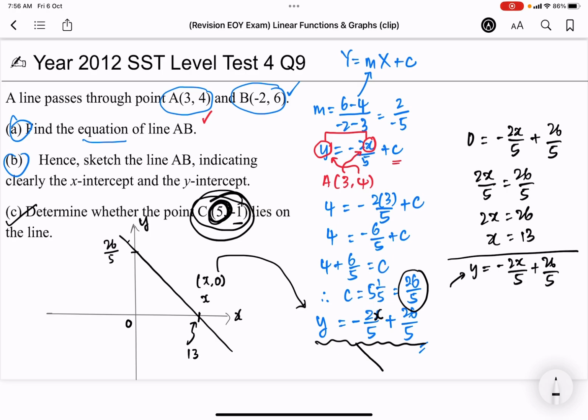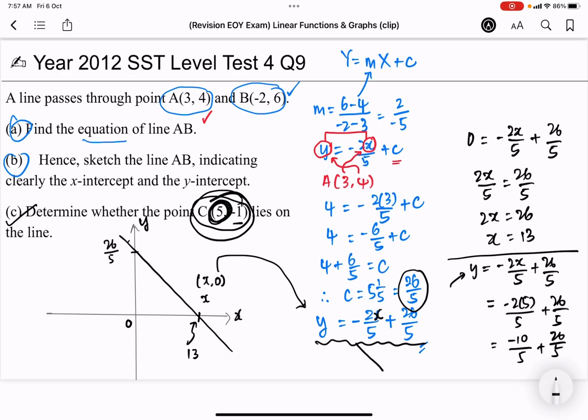So let's substitute x equals 5. So negative 2 times 5 out of 5 plus 26 out of 5. So here we get negative 10 out of 5 plus 26 out of 5.